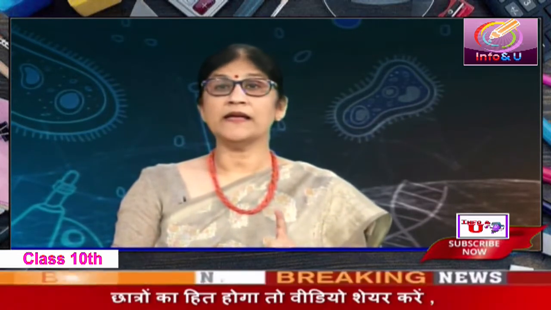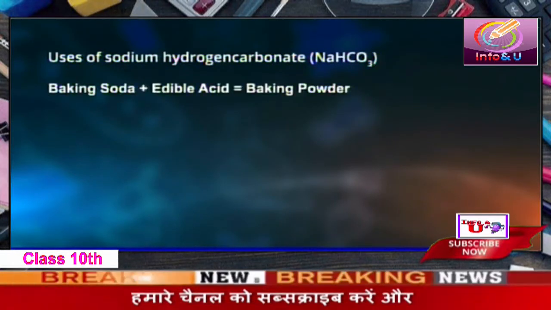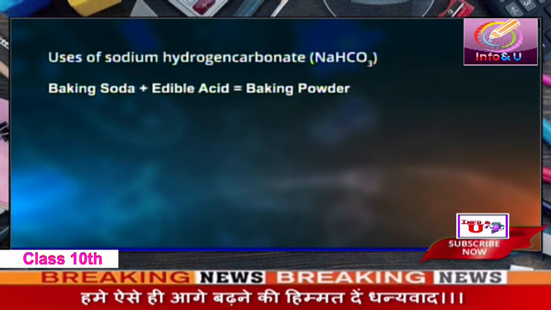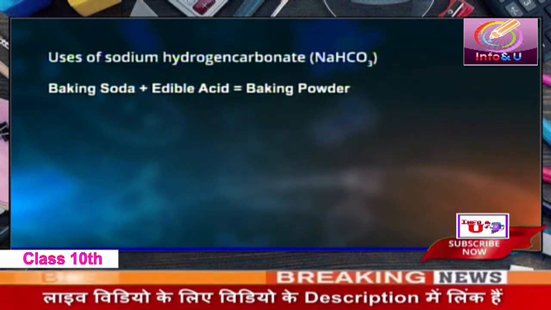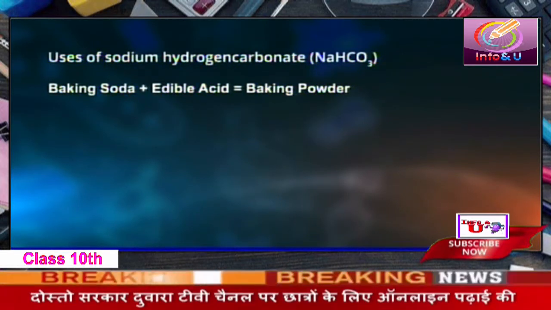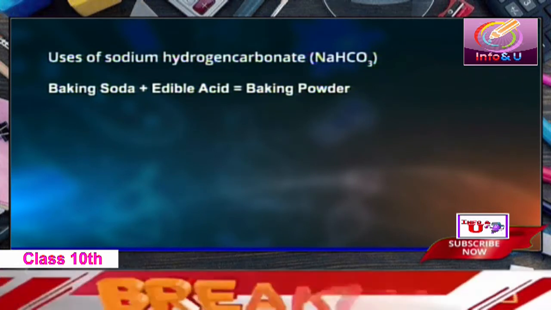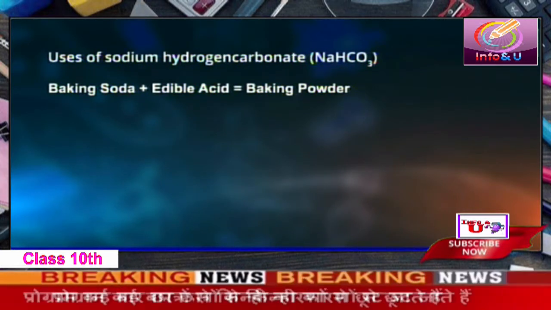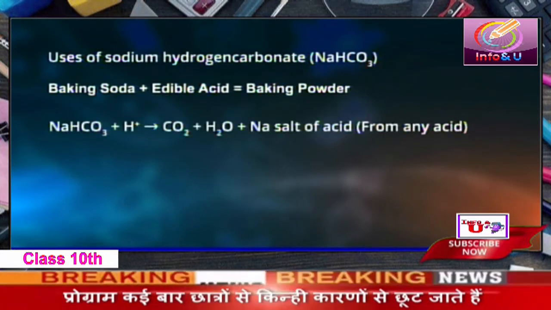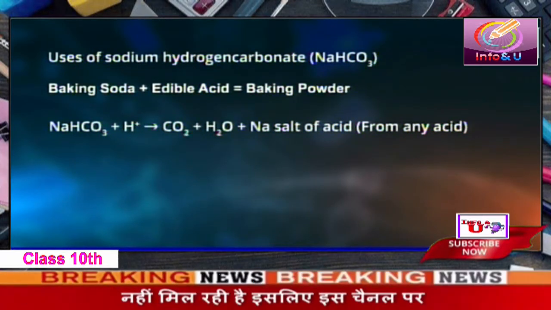Baking soda is only sodium hydrogen carbonate, and from baking soda we can produce baking powder, which is a mixture of baking soda and a mild edible acid such as tartaric acid or citric acid. When baking powder is heated or mixed in water, the following reaction takes place. Sodium hydrogen carbonate plus hydrogen ions.